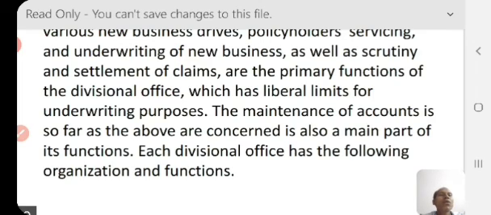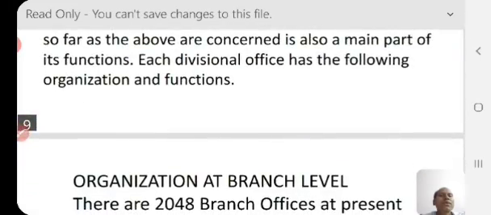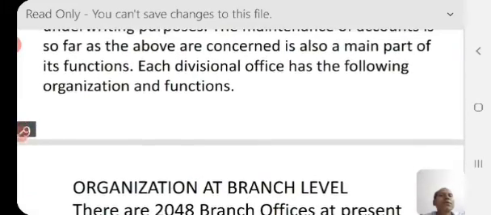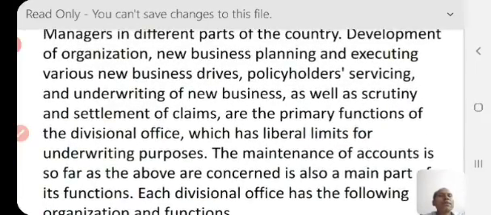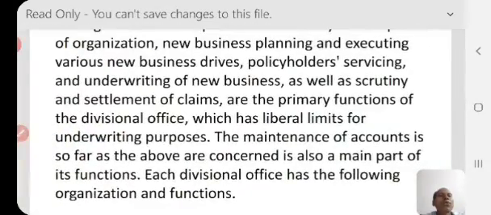Each divisional office has the following organizations and functions. So already we have mentioned the functions.